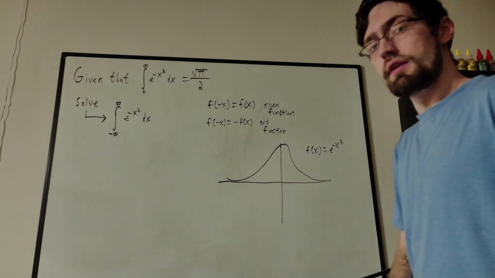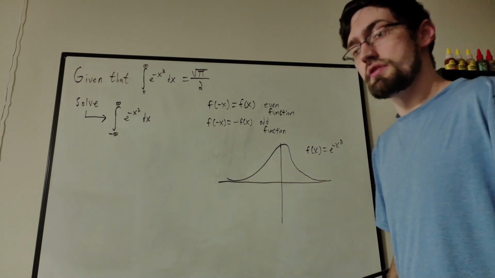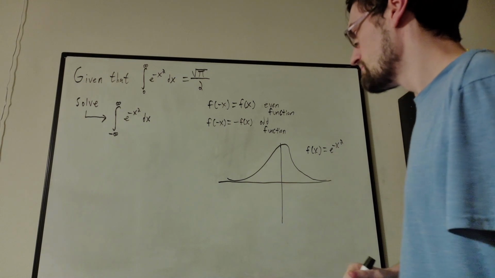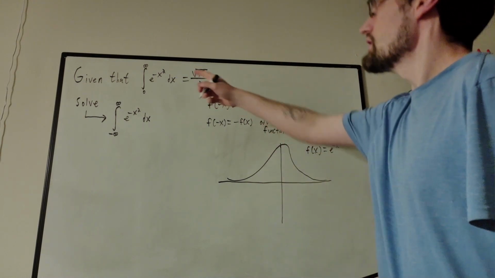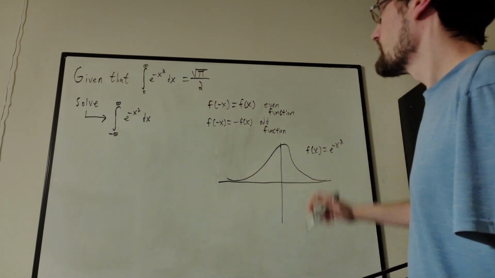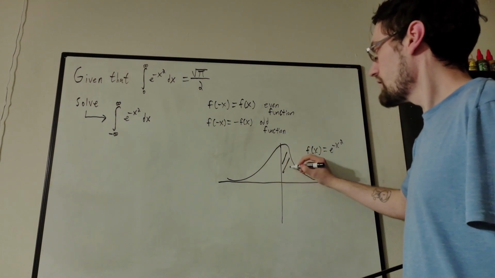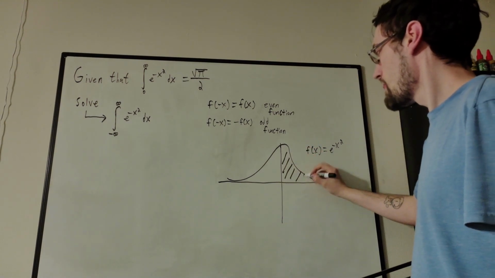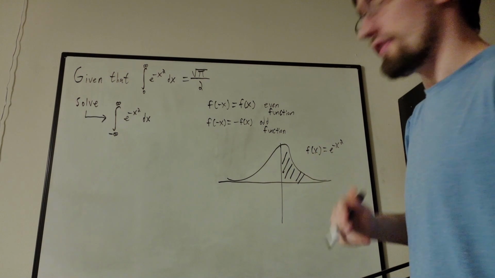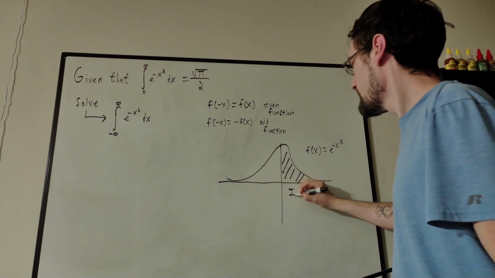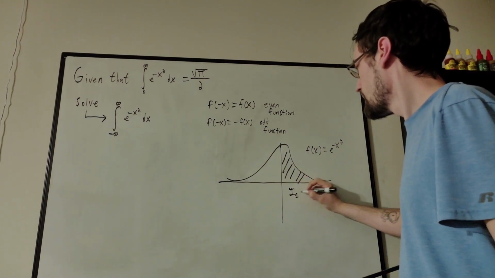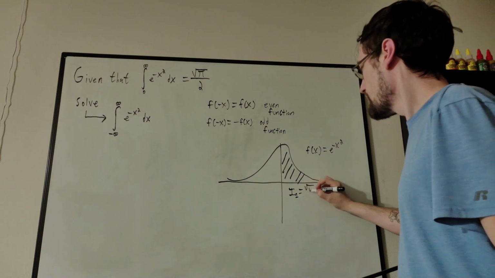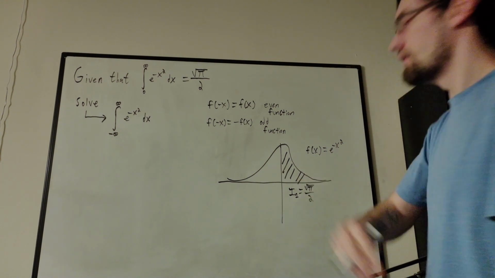We get roughly a normalized distribution here. We call this a Gaussian distribution. Now the integral from 0 to infinity of this function would be this area right here. Let's call that I sub 1. And that equals the square root of pi over 2.